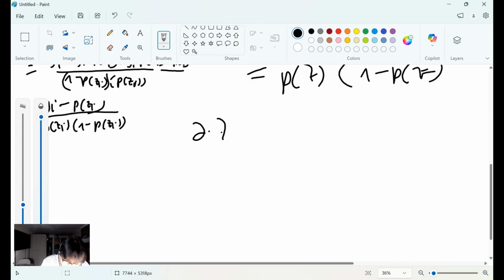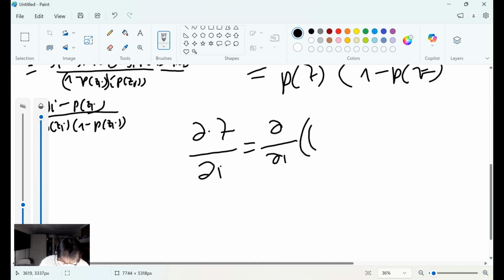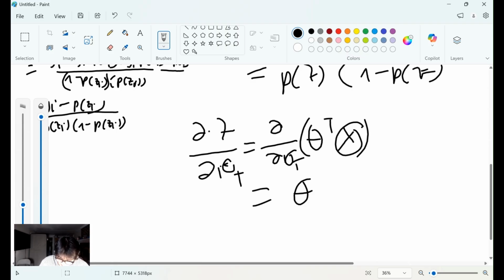So the gradient of z over theta i is basically the gradient over theta i of theta transpose x. This is fixed, so it's just x i. That's it.